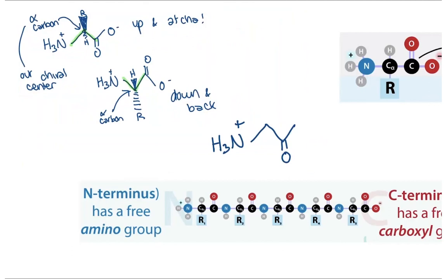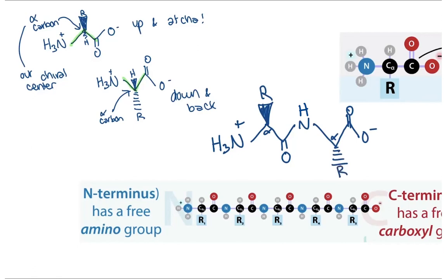And so now you have in the backbone that nitrogen. Now you're going to have your alpha carbon sticking back. You're then going to have your carboxylate group at the end. And so here we have our alpha carbon and our alpha carbon. We're going to have our R group sticking up and out, and we're going to have our R group sticking down and back.